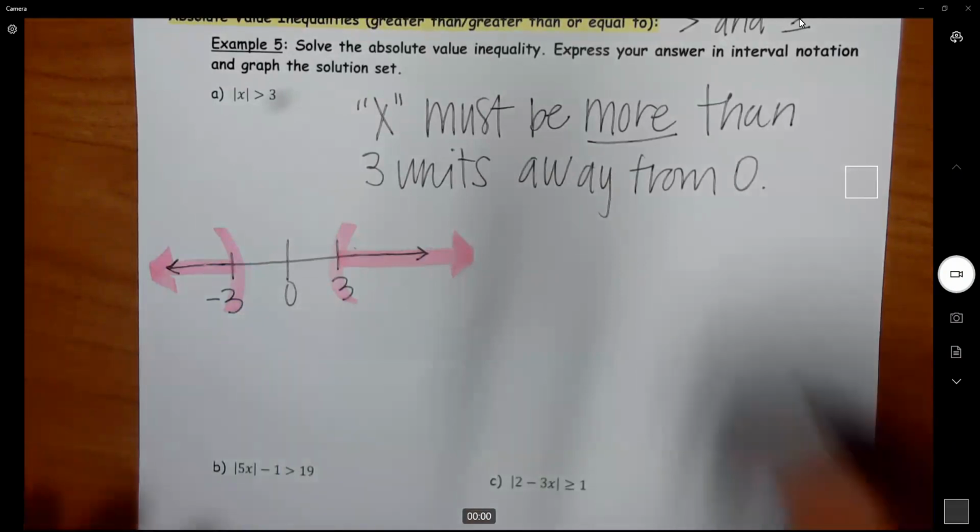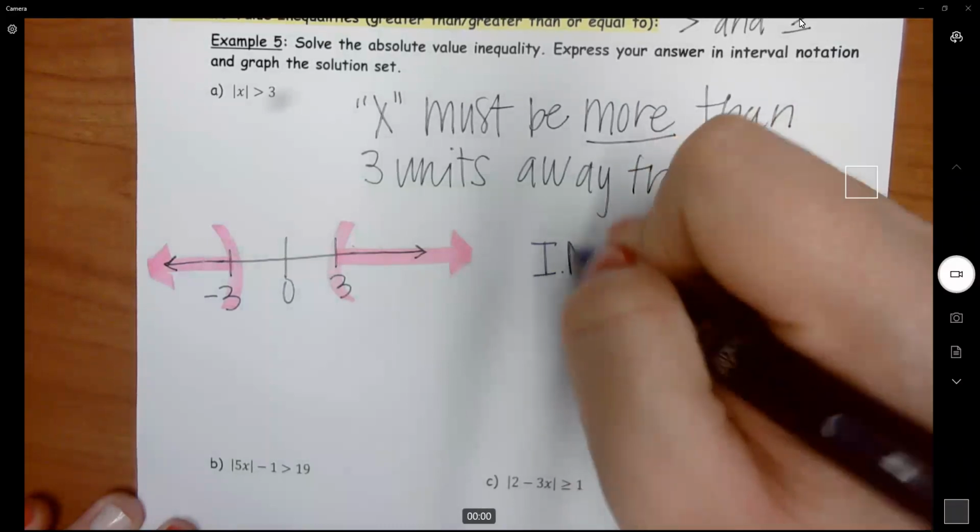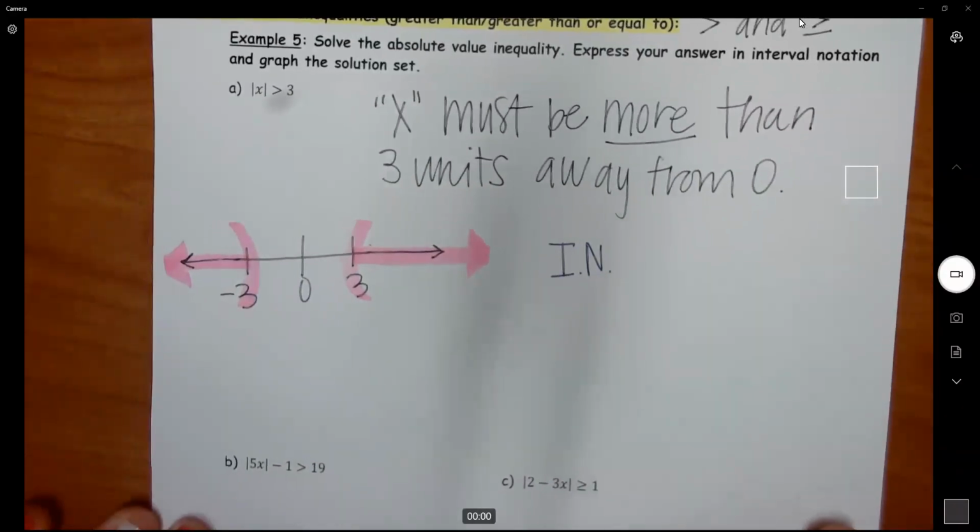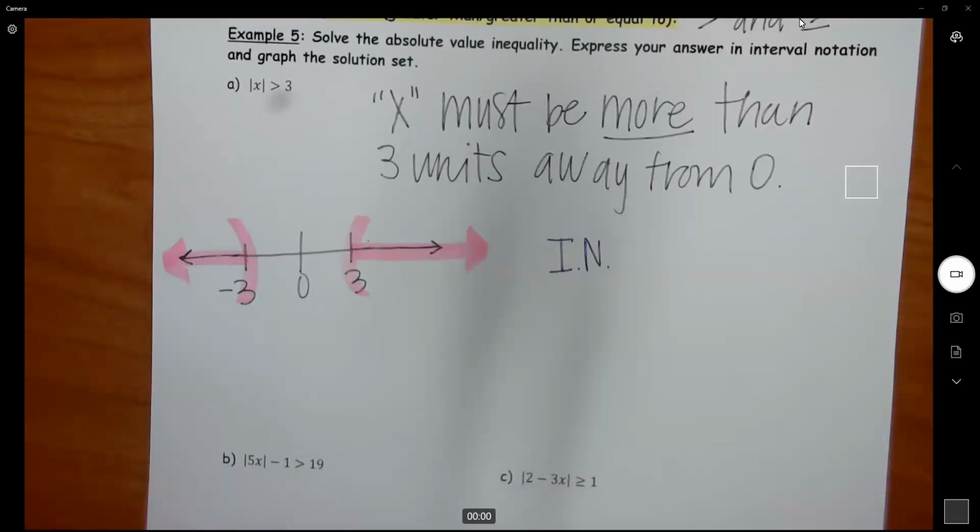So in this one, when I write this in interval notation, notice that I have two separate sections of highlighted areas on this graph. So you have to talk about each highlighted portion individually.